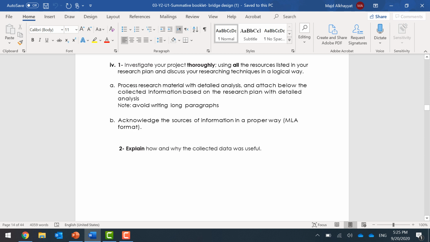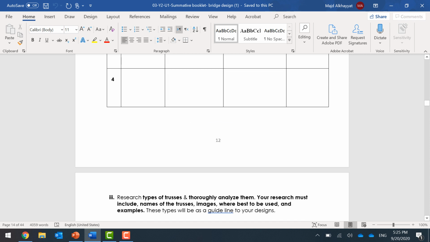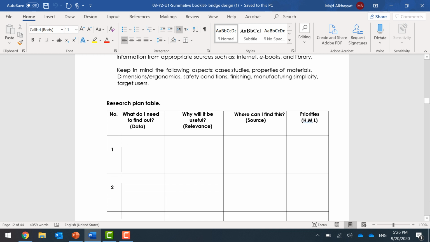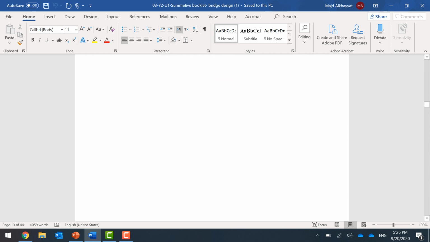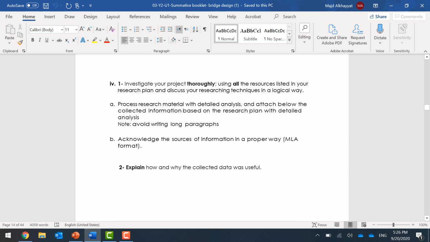The second part of the homework is strand IV. You need to combine the information that you collected from strand II, which is the research table, and strand III, and give me a conclusion.